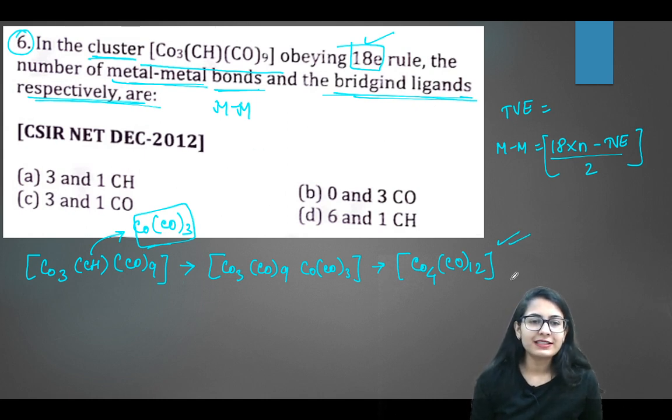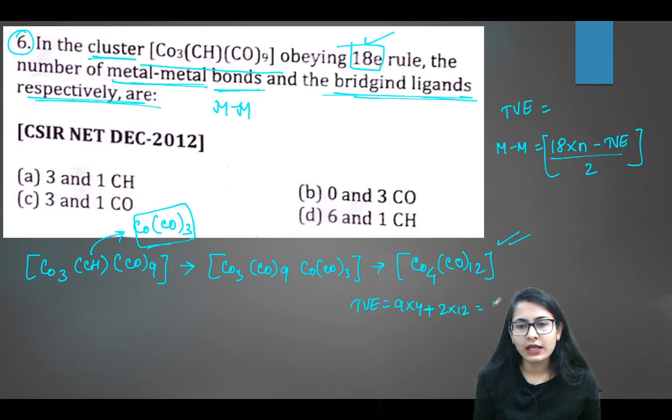It is going to have 6 metal bonds, isn't it? Let's anyways calculate. So the total valence electrons now equal 9 into 4 plus carbonyl, right? So 2 into 12, that is 36 plus 24, which equals 60 electrons.